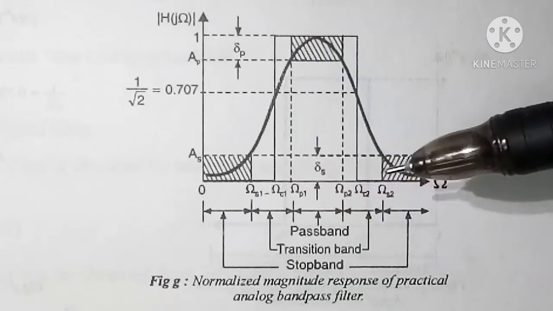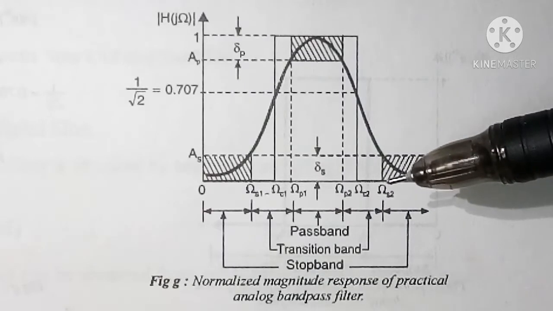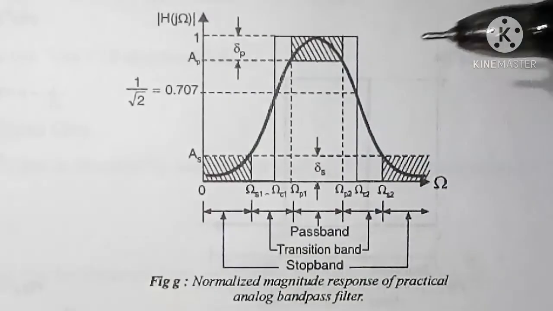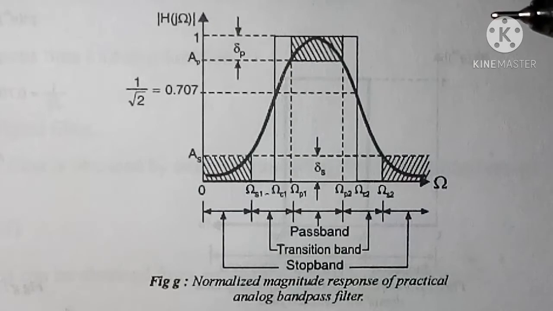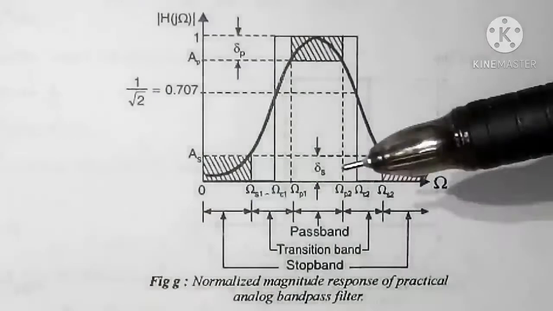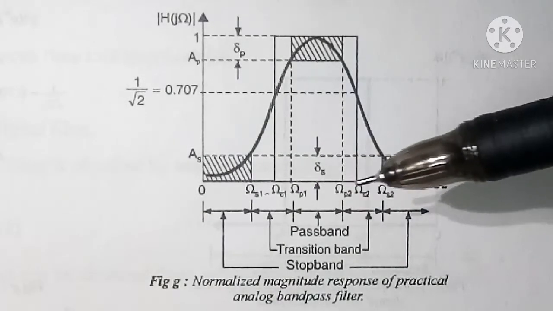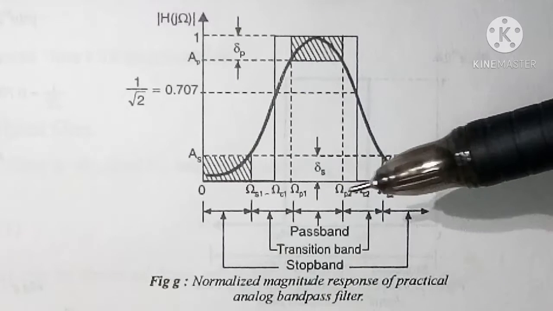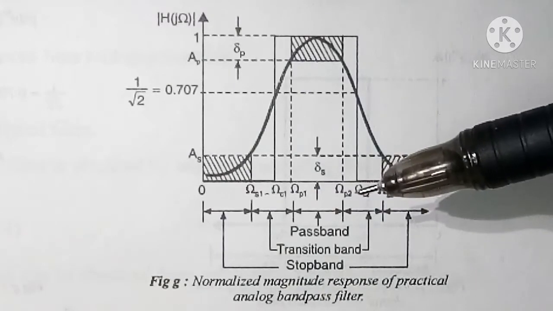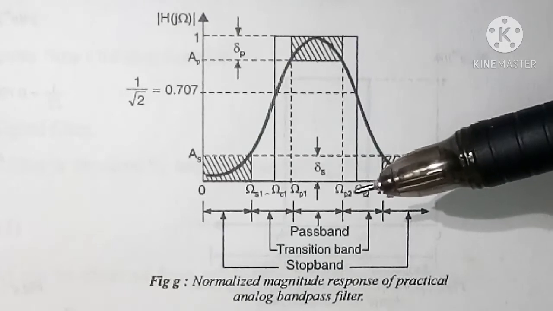Omega s1 and omega s2 are the two stop band edge frequencies. Omega p1 and omega p2 are the two passband edge frequencies.